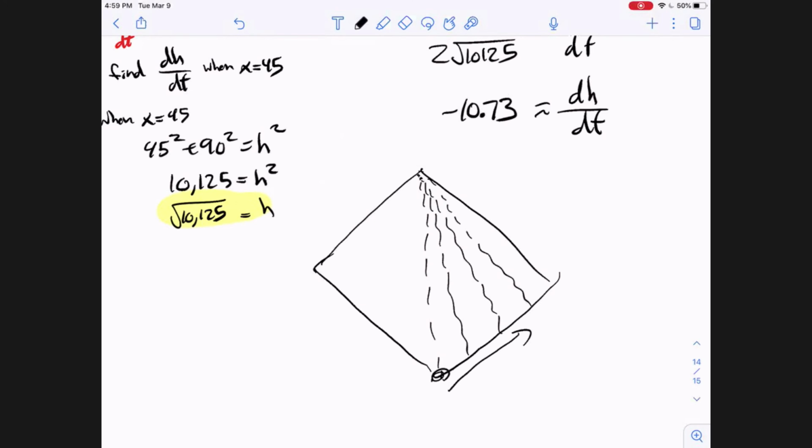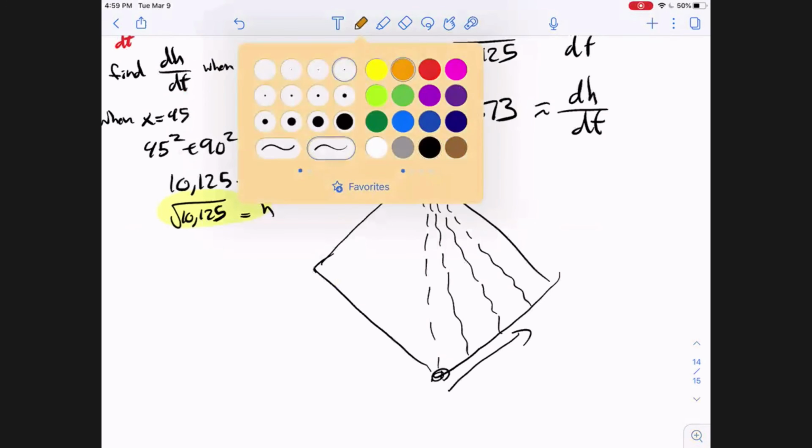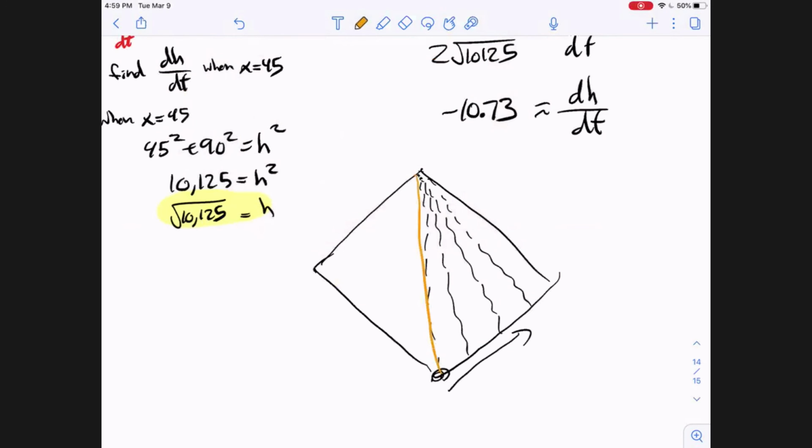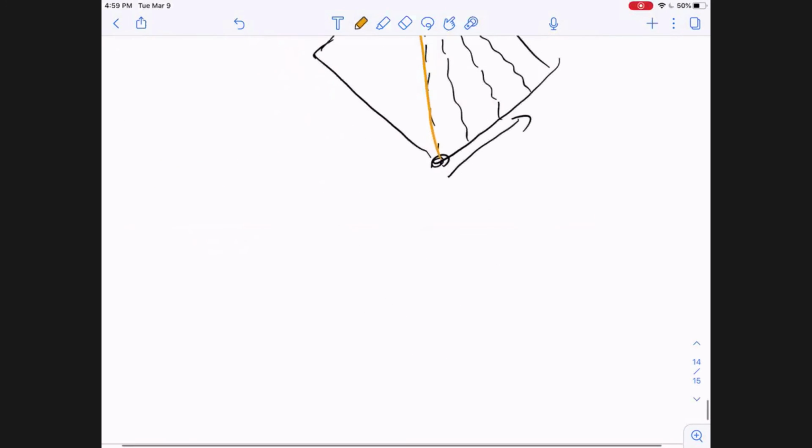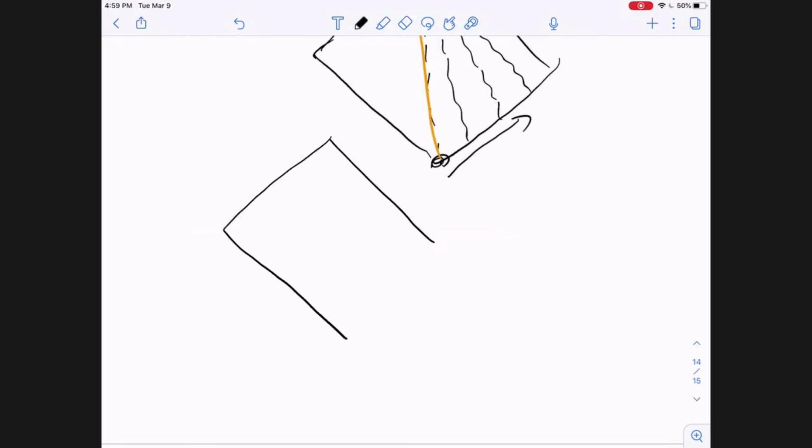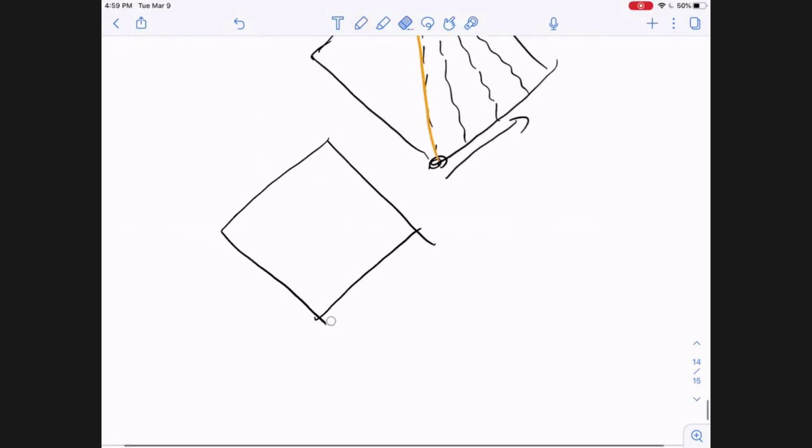At first it's this orange line. Let me draw a better picture. So at first it's that black line. Then it becomes like that.